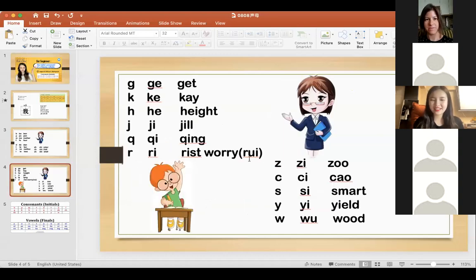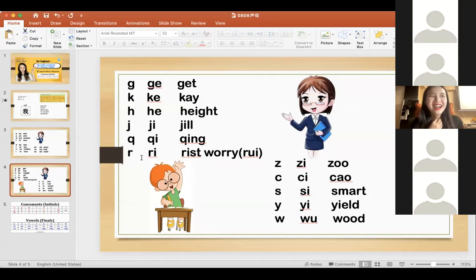Let's try the second slide. G, k, h, chi, chi, yes. R, z, r. No, don't make the sound.